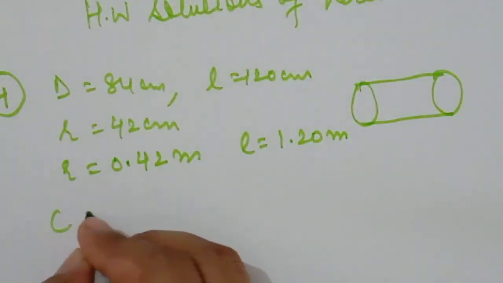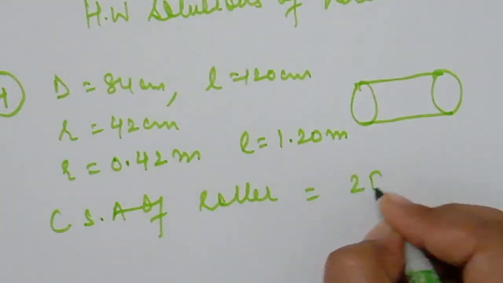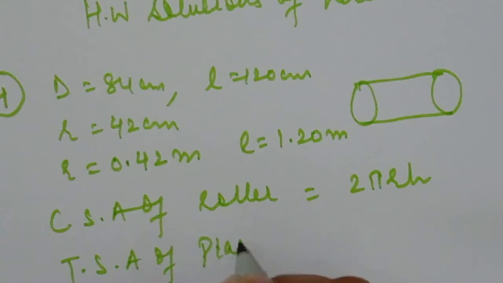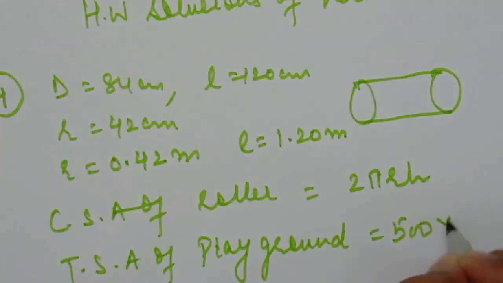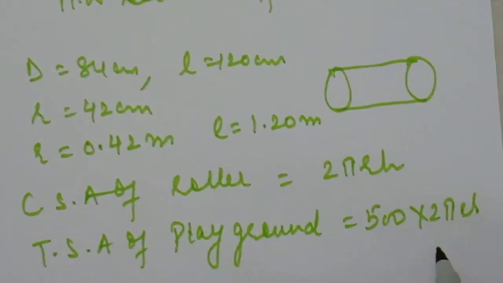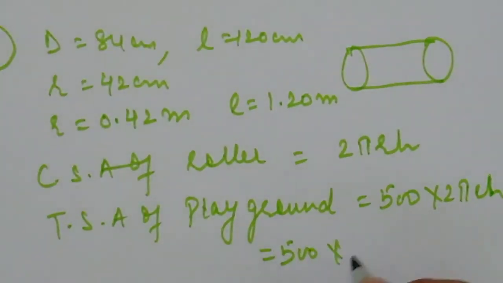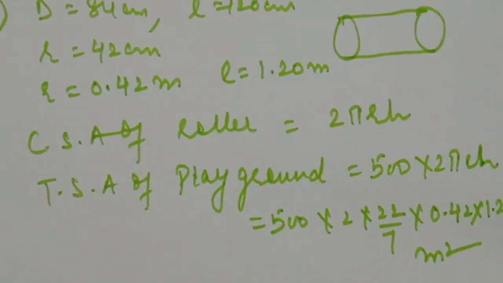So we have to find the curved surface area of the roller, which is 2 pi RH, and the total area of the playground, which is 500 multiplied by 2 pi RH. When we put all the values, it is 500 into 2 into 22 upon 7 into 0.42 into 1.20 meter square. Now you have to solve the calculation and find the correct answer.